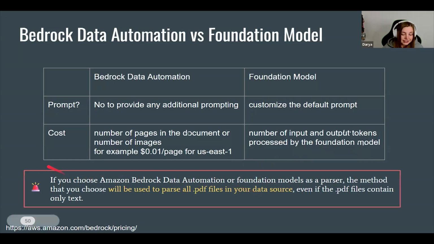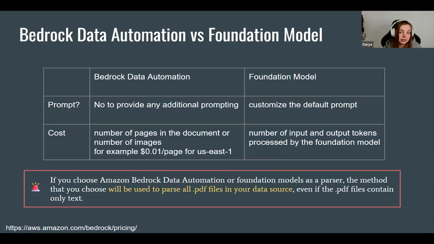And a very important disclaimer: if you choose for your data source Amazon Bedrock Data Automation or Foundation Model as a parser, this method will be used to parse all PDF files in your data source, even if some pages contain only text.